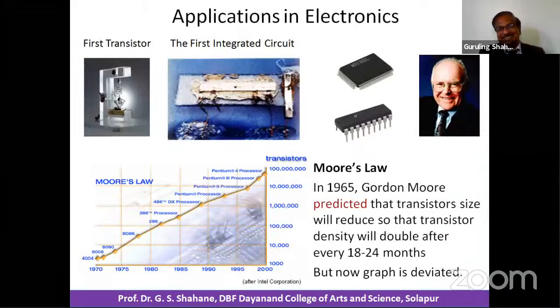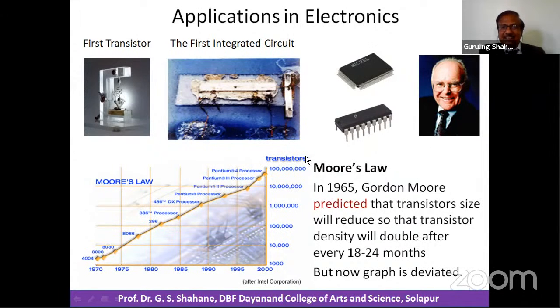In electronics, look at the first transistor: a very large, discrete transistor. This is our first integrated circuit. But as time goes on, we have better ICs in which a large number of components can be fabricated in a single piece, and the number of components per chip has been continuously increasing.